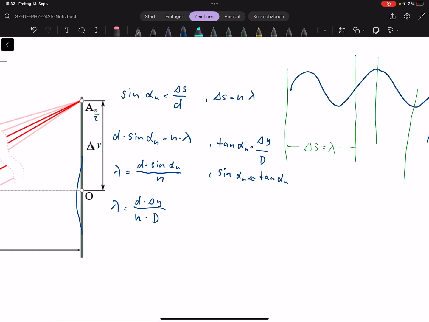So there's just one more thing: sometimes, or I would say very often, it's not the slit separation that is given to us, but something called the grating constant.